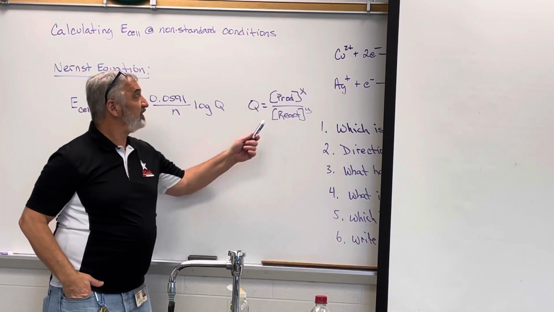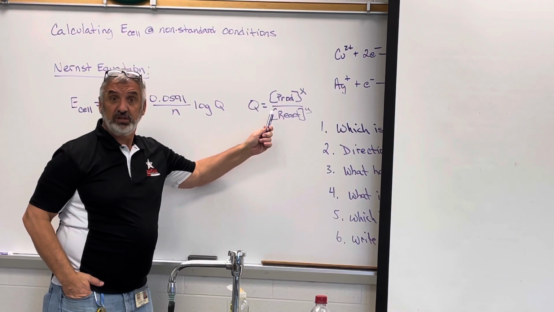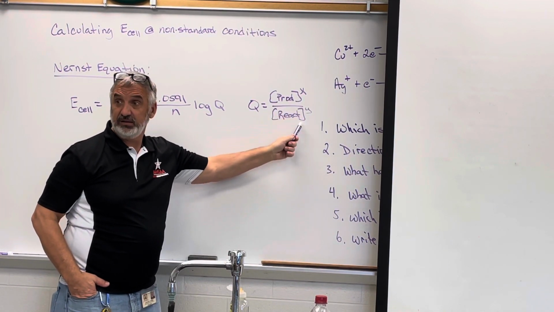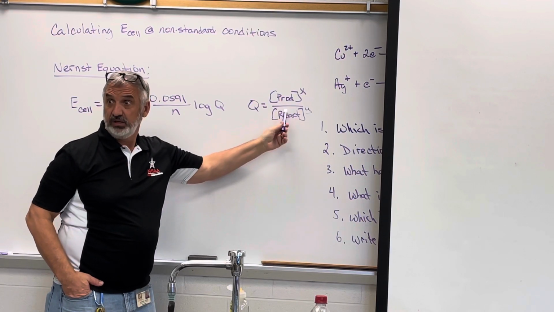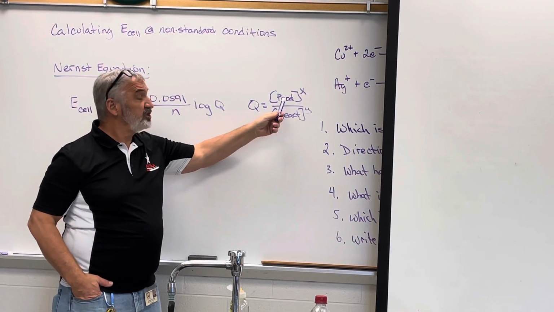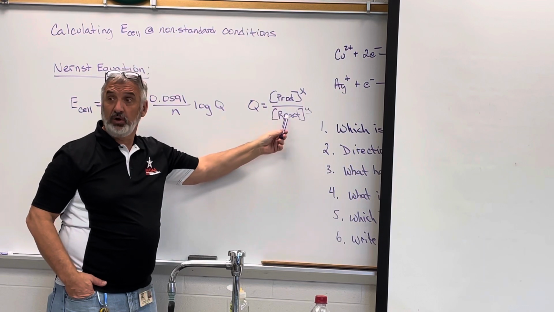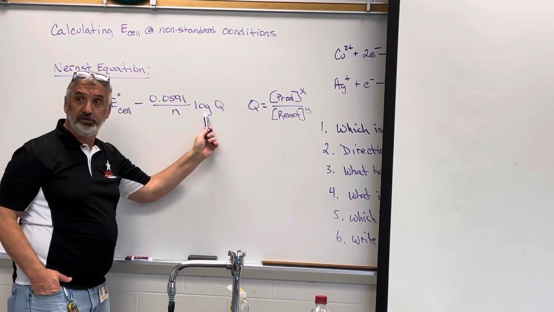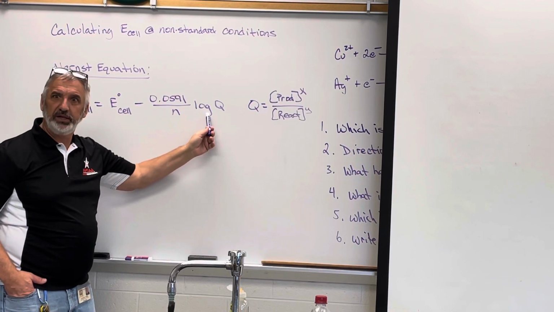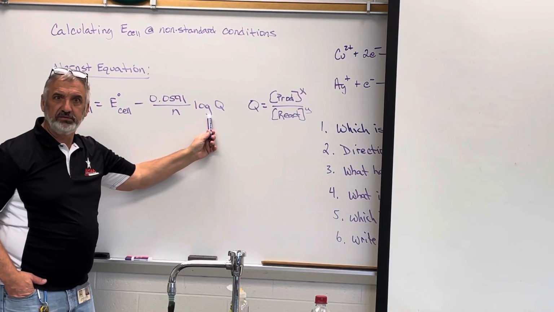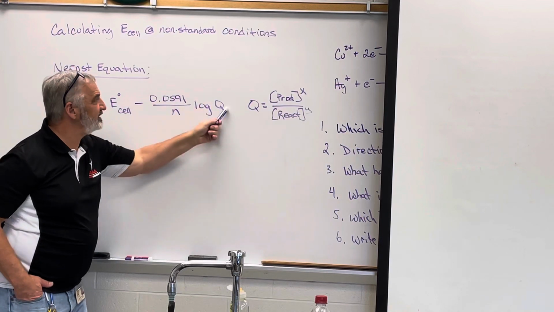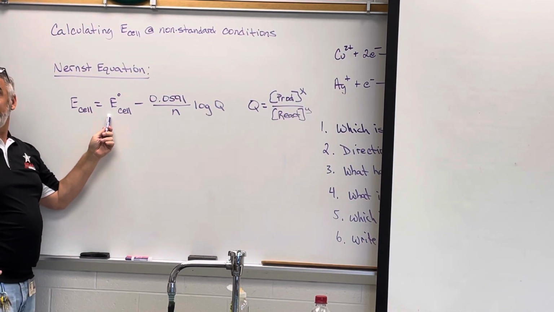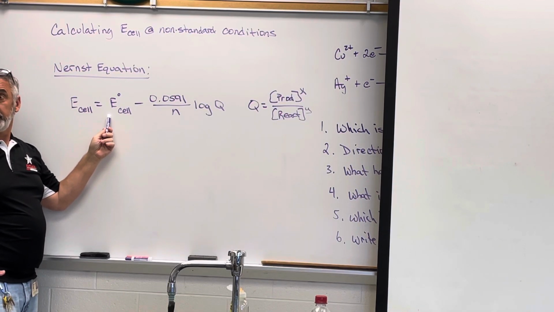Now, if it's standard conditions, 1 molar and 1 molar, it doesn't matter what x and y are, right? 1 to any power is still going to be 1. So if my products and reactants are both at 1 molar, Q is going to equal 1. Well, what's the log of Q? What's the log of 1? 0. So this whole term cancels out, and we just have E cell if we're at standard conditions.